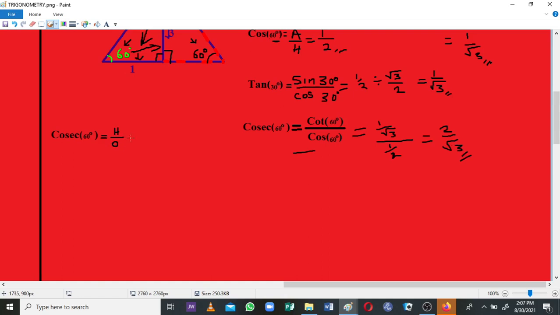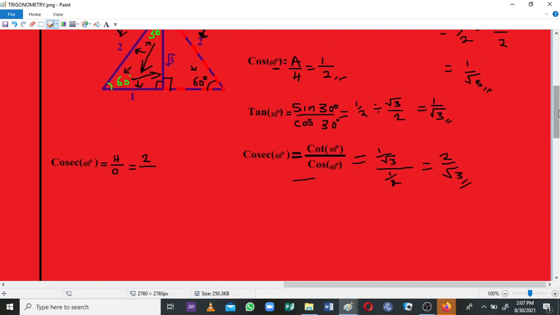You can also try to go direct simply by plugging in your hypotenuse over your opposite. Our hypotenuse is 2, right? Now our opposite of 60 is the square root of 3.